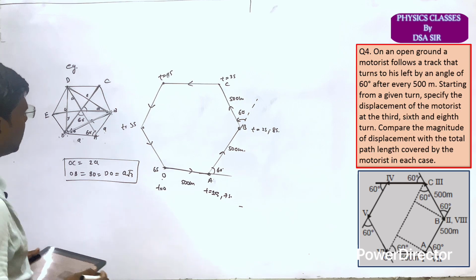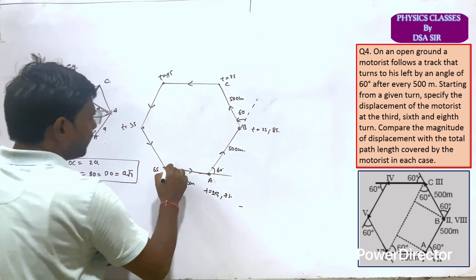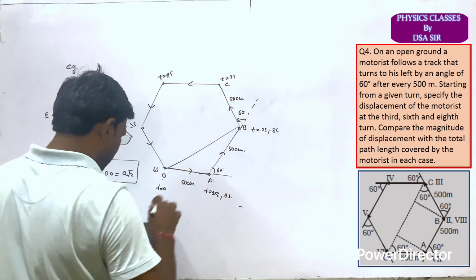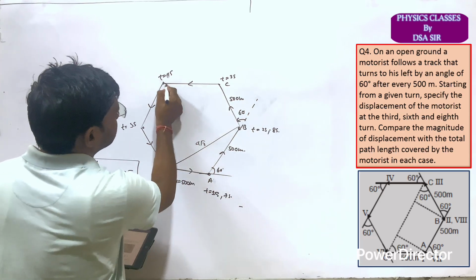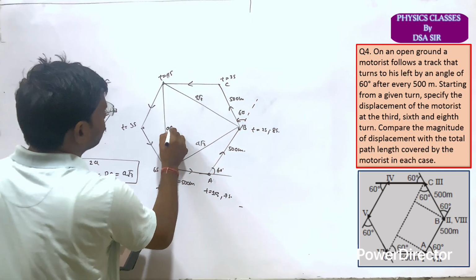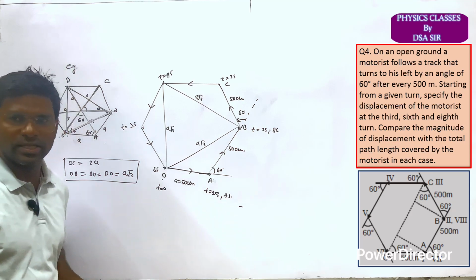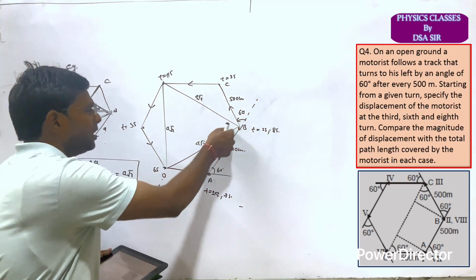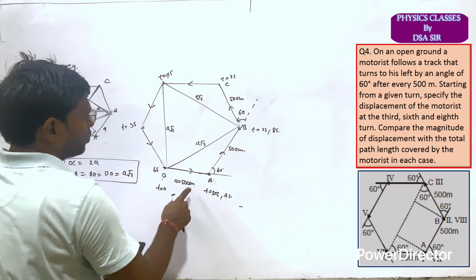This can be proved, but you remember that if this is a, then this length is a root 3, and this is also a root 3, and this is also a root 3. All the lengths are equal, and if one side of the hexagon is a, then the length of this is a root 3. Are you getting it or not?